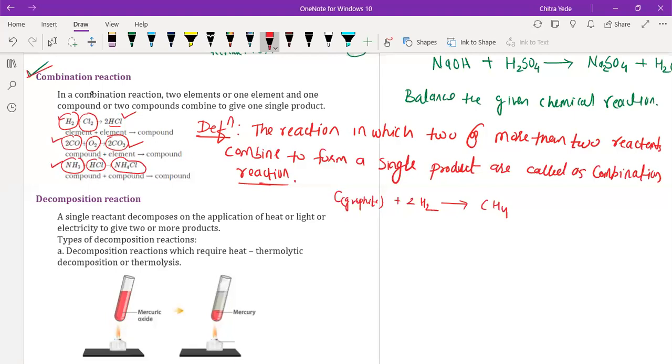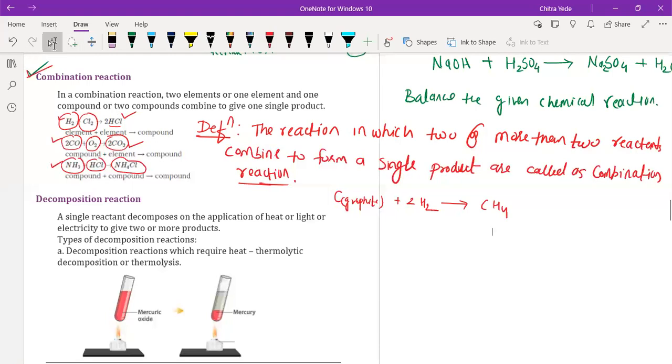This reaction does not proceed directly, but goes through different processes. But we can represent the direct reaction: carbon in the form of graphite reacts with hydrogen gas to give methane.